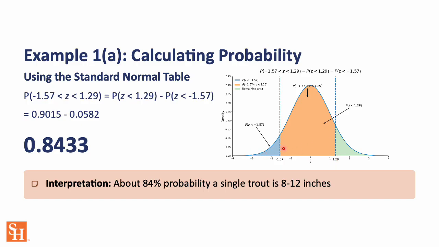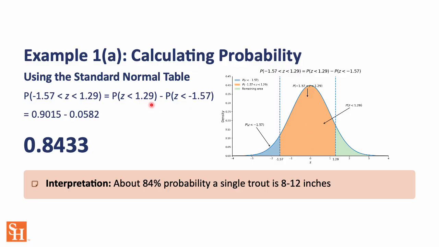From this area that is left of 1.29, we subtract the area that is left of negative 1.57. That gives us the area between negative 1.57 and 1.29, right? So that's what we have done.